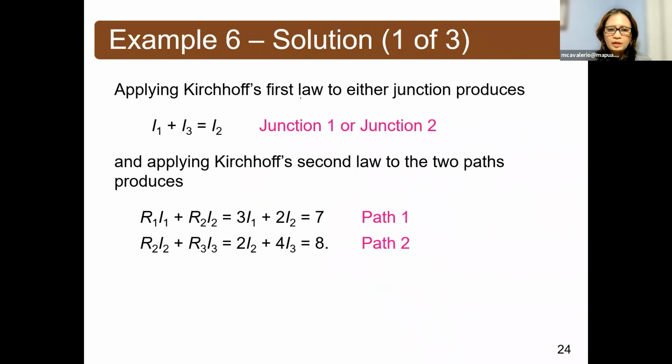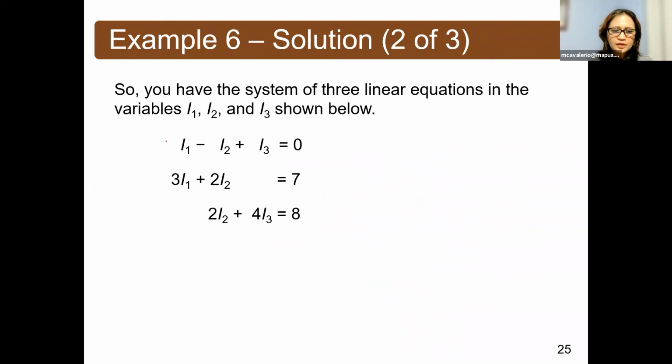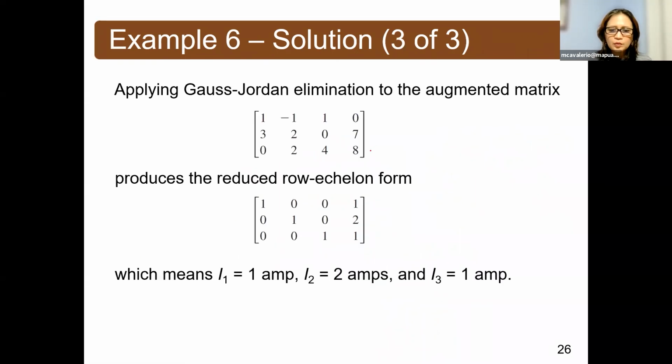Here we'll be able to see first applying the first law of Kirchhoff, wherein we find the conservation principle, and then doing the balance among the loops, and coming up with a system of linear equations in 3 unknowns, transforming that into the augmented matrix, as well as the reduced row echelon form.